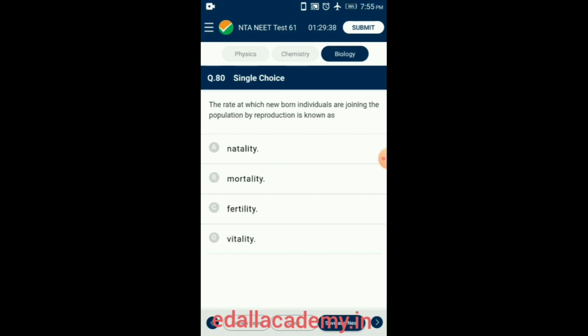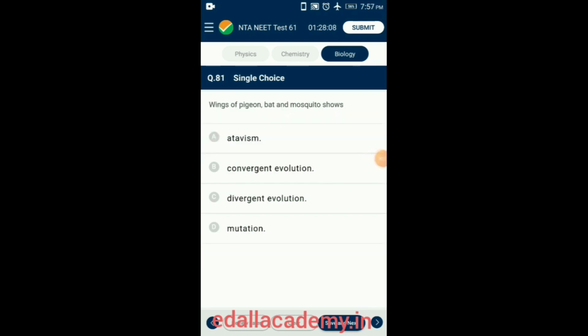Question number 80. The rate at which newborn individuals are joining the population by reproduction is known as the number of offspring produced per unit of population by reproduction, called natality or birth rate. So the answer is option A, natality. Question number 81. Wings of pigeon, bat and mosquito show.